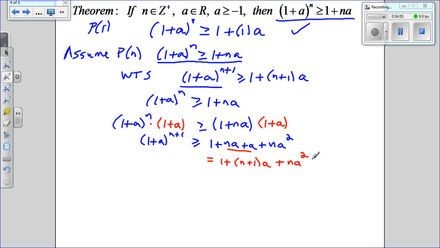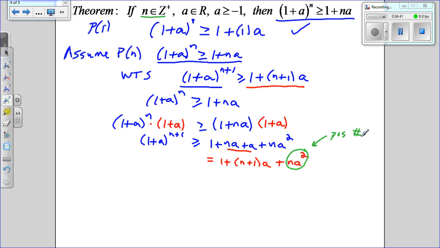Now take a look. Where we currently are looks a whole lot like the right-hand side of WTS, except we've got this pesky term na squared. Here's what we know about na squared. n, if you recall, is a positive integer. a squared, for any real a, is a positive number. So na squared is a positive number.